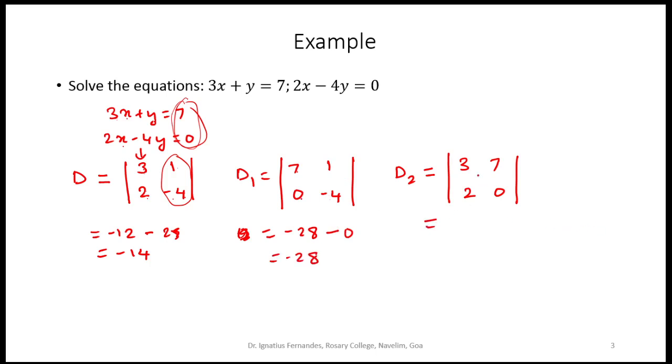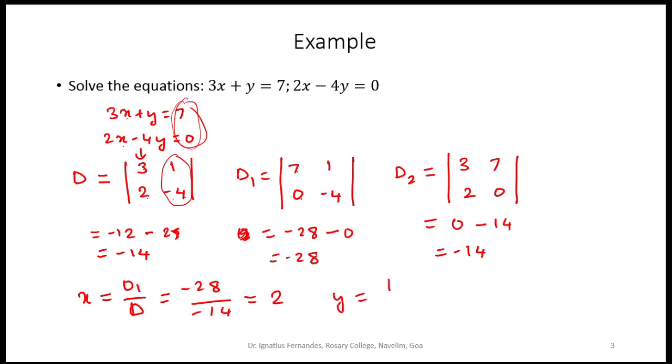And d2 here is 3 into 0, that is 0, minus 2 into 7, 14, which will give me minus 14. Once I find this, x is d1 upon d, so it is equal to minus 28 upon minus 14, which is equal to 2, and y will be equal to d2 upon d, that is minus 14 upon minus 14, and we get 1.